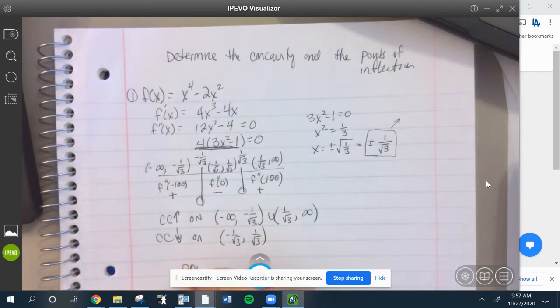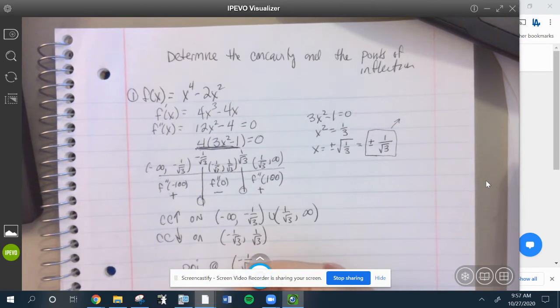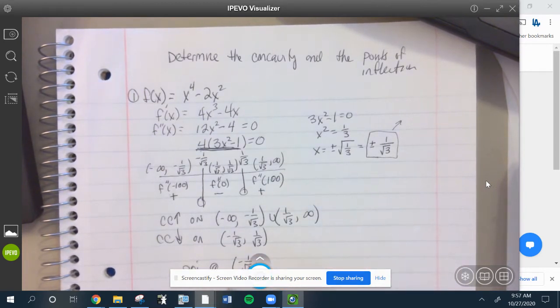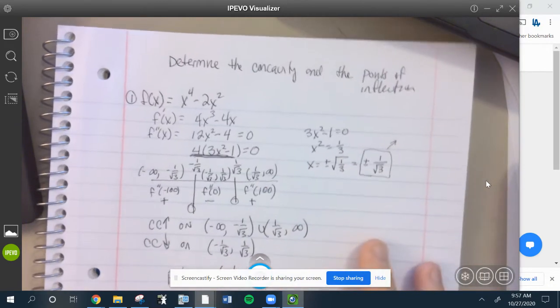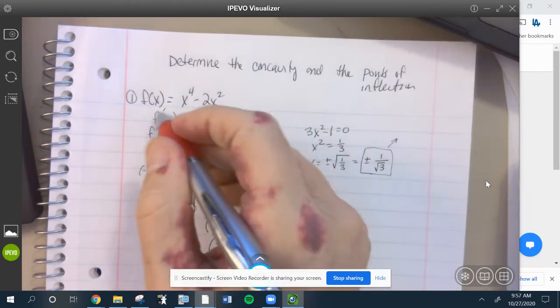So we have a point of inflection at negative 1 over root 3, comma, and 1 over root 3, comma. We have to find the other point. Now that's the point on the original graph.